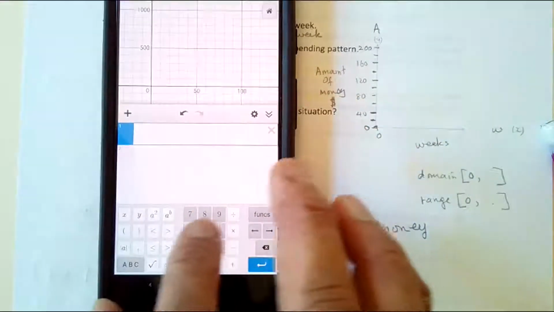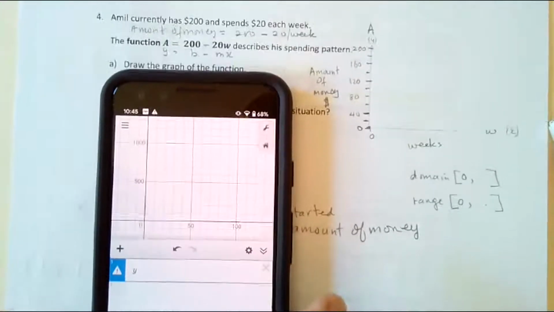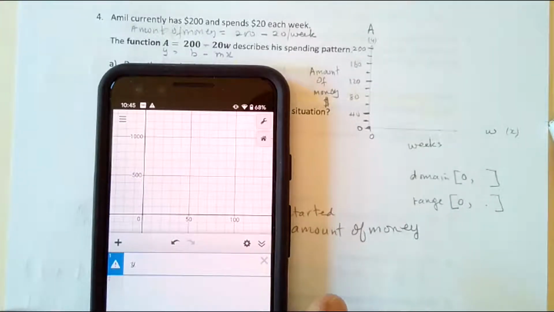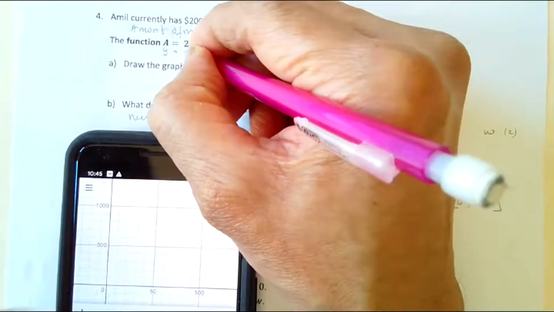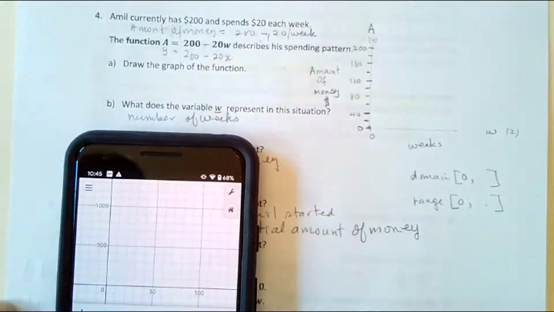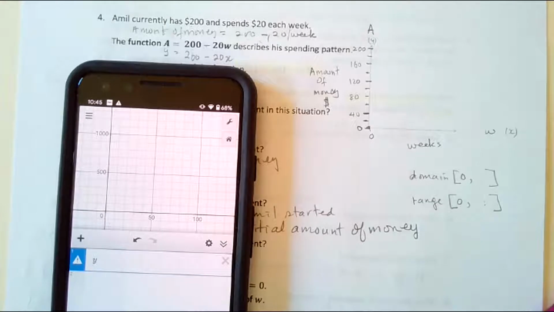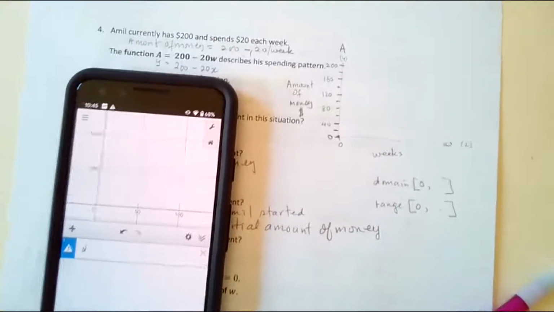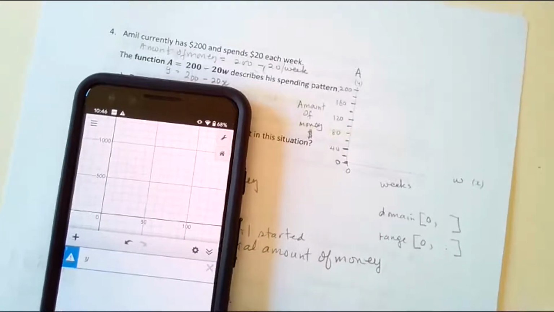Okay, so we have y. Remember, this is going to be y, so we can change it around. I'm going to rewrite this as 200 minus 20x, and you can put it exactly as you see there in the calculator.